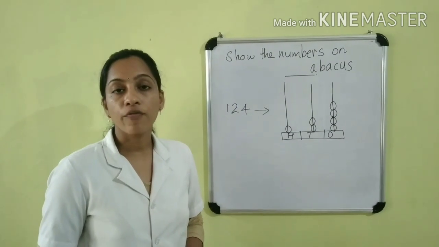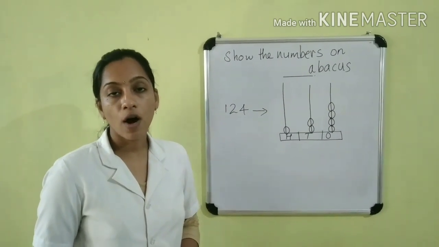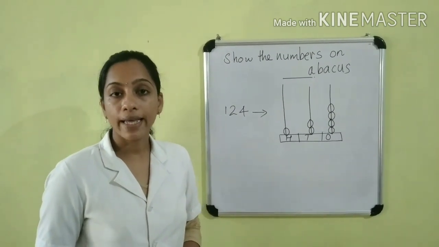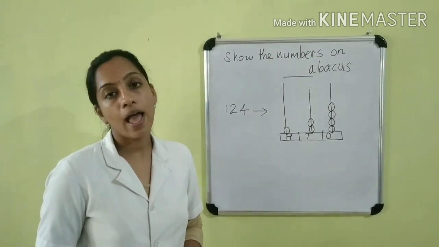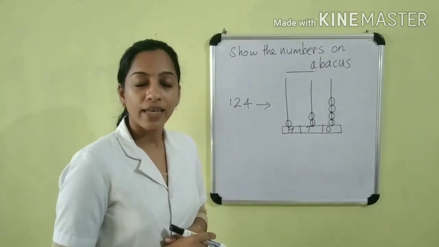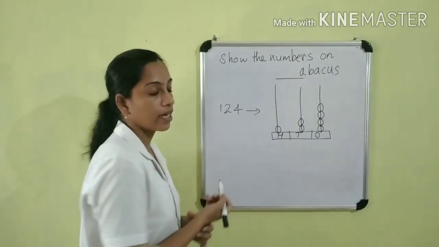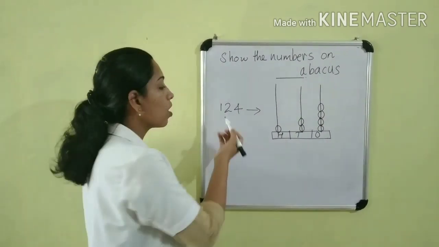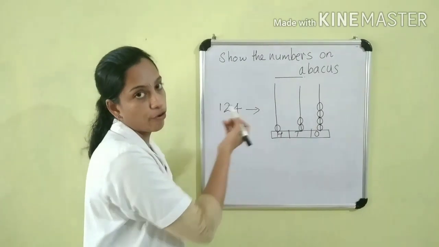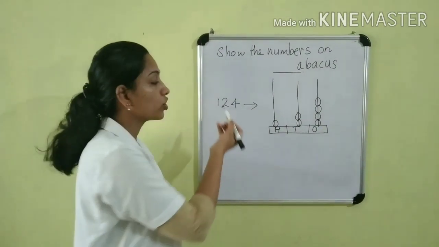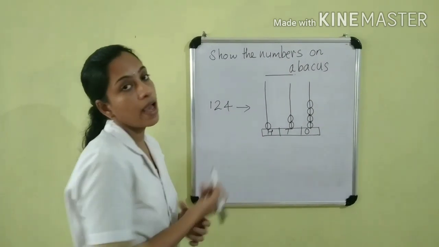Children, next we are going to learn about how to show a three-digit number on the abacus. Let's see one example. Here I have written a three-digit number, 124. We have to arrange this number on the abacus.